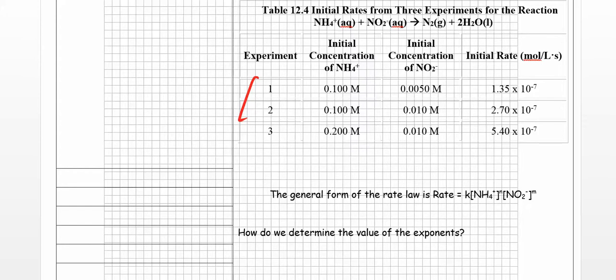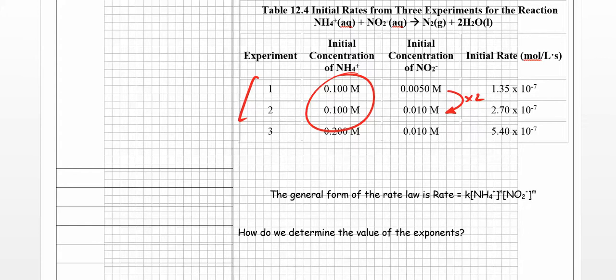The NH4 plus concentration remains at 0.100 molar for both of those experiments. Now, the initial concentration of the NO2 minus is going from 0.0050 to 0.10. That represents a doubling of concentration, right? A doubling of concentration.